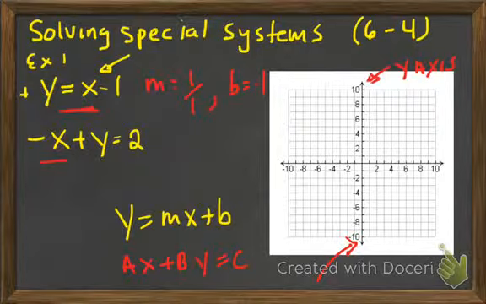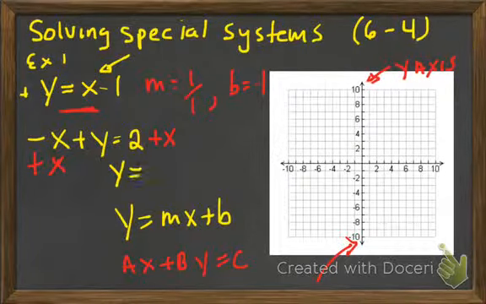The way we can do this, you guys probably already know, is to add x to both sides. And then we rewrite our equation. What I like to do when I rewrite an equation is put the slope first.